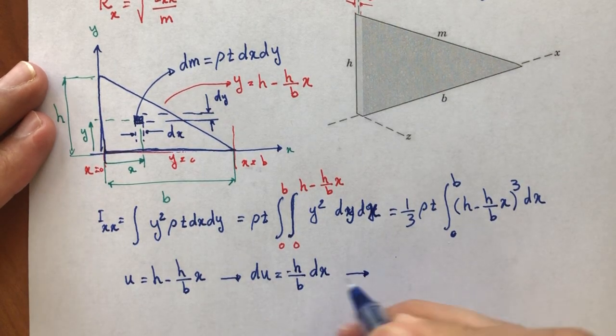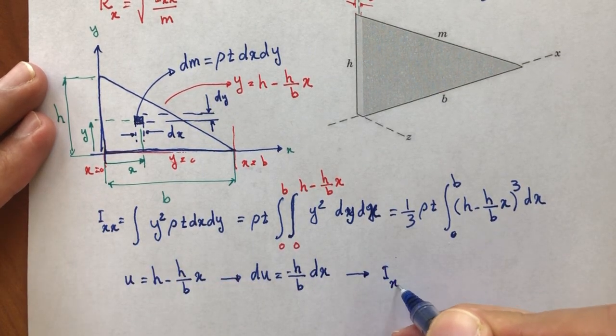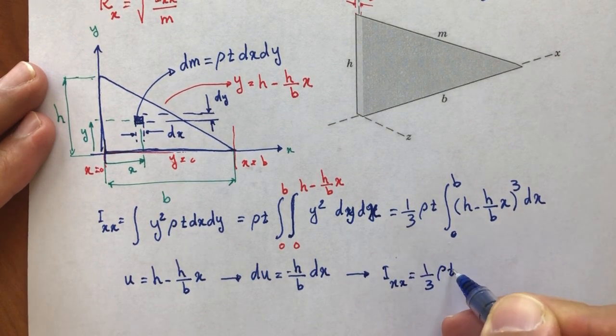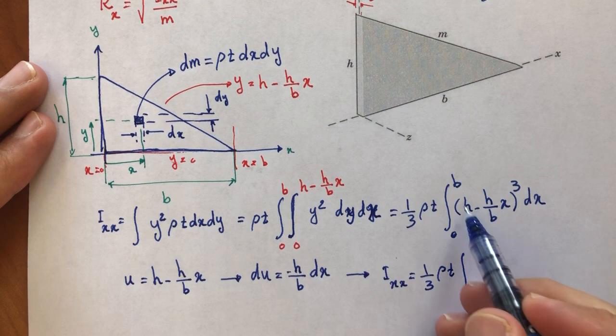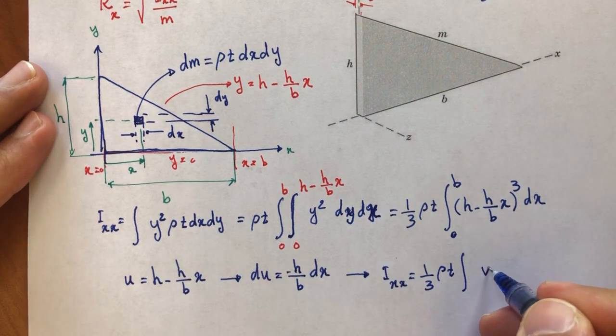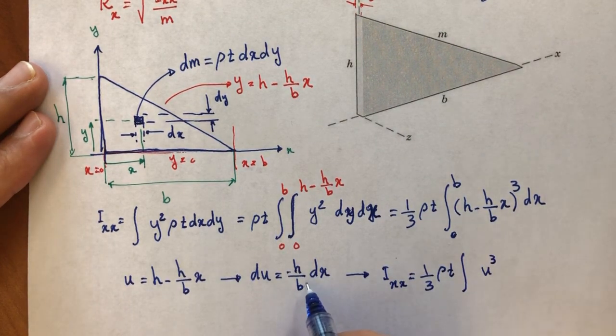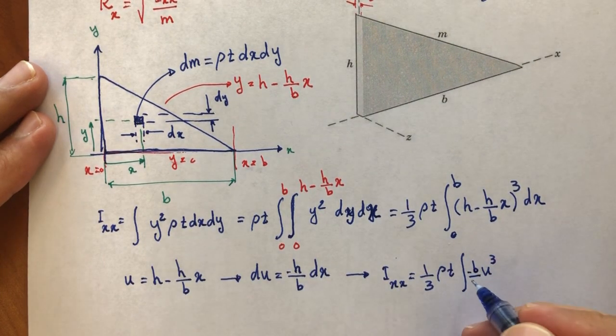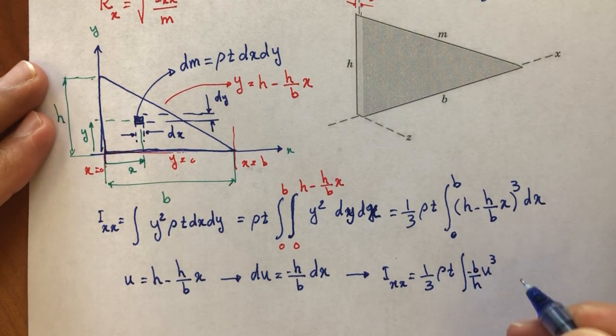So Ixx is going to be equal to 1/3 of rho times t integral. This is u, so u cubed. Dx from here is going to be negative b over h times du. So I can replace that with negative b over h times du.